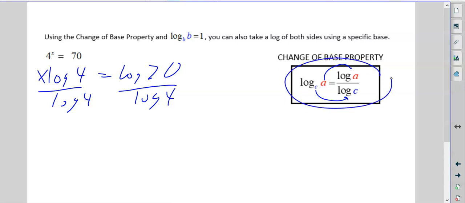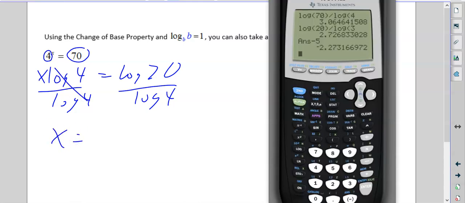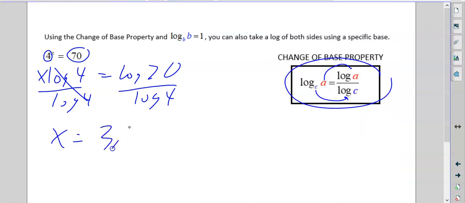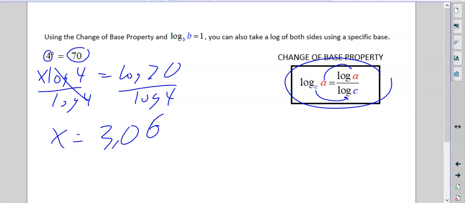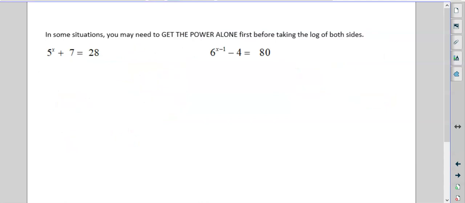This is just saying you can take the log of this divided by the log of this. It's just kind of a shortcut to this. So x equals log of 70 divided by log of 4. Again, 3.06. So that's what we got right here, okay? It's just showing you, you could have skipped this step and gone right to this. It's just a shortcut, not a big deal.